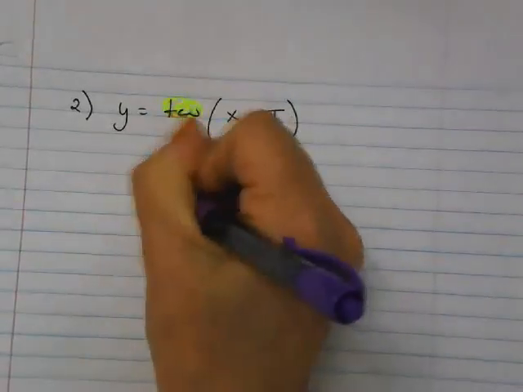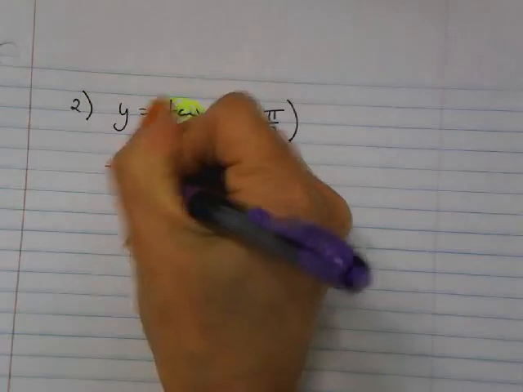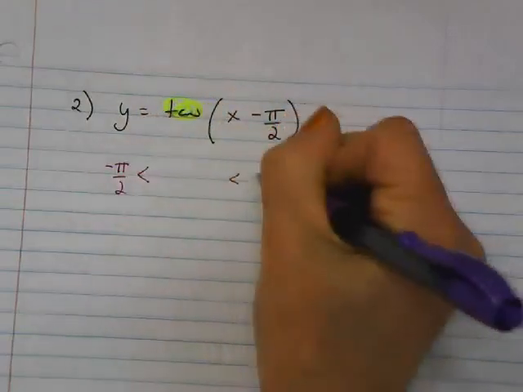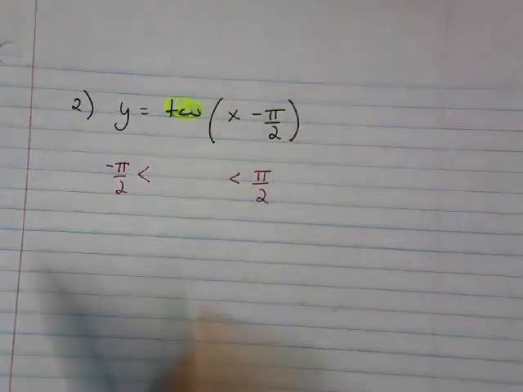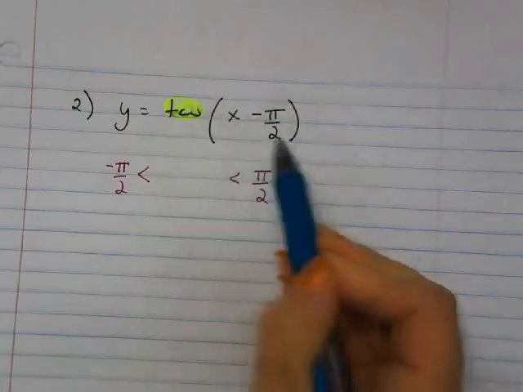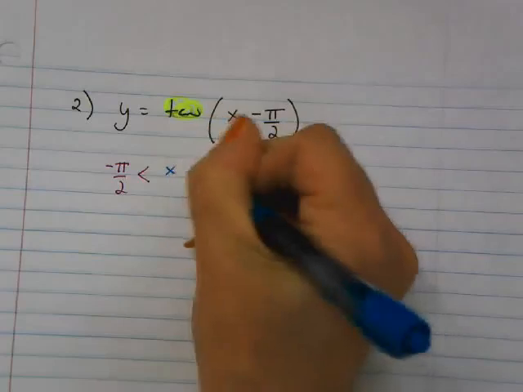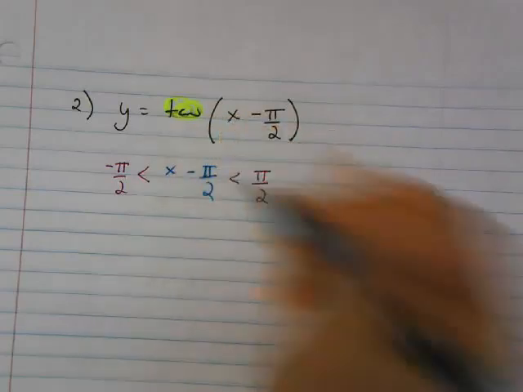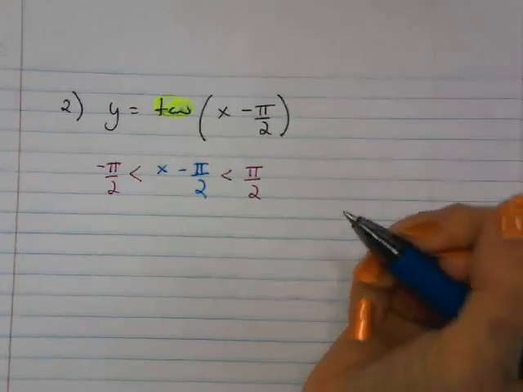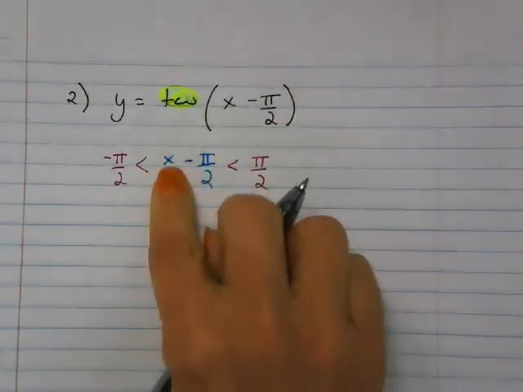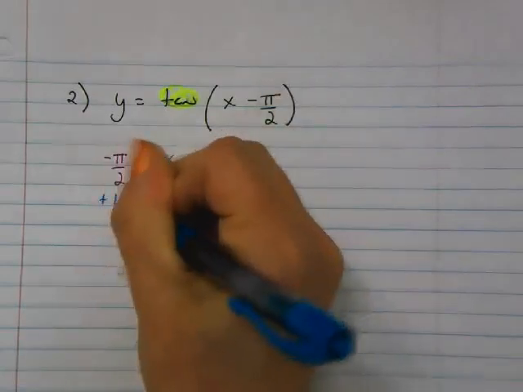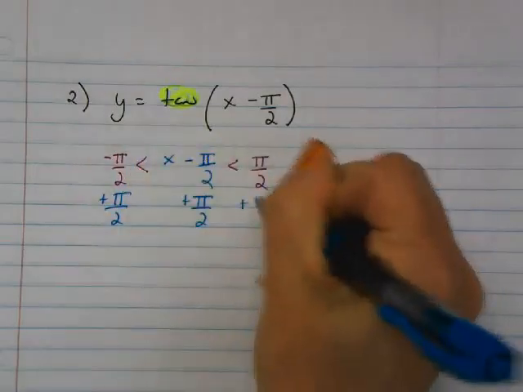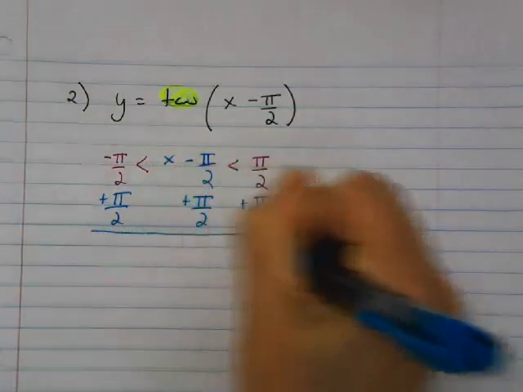So, x minus pi over 2. I need to get x by itself. So, do you agree? I'm going to add pi over 2. So, I get 0 is less than x is less than 1/2 plus 1/2, which is 1. Alright, let's go ahead and graph it.